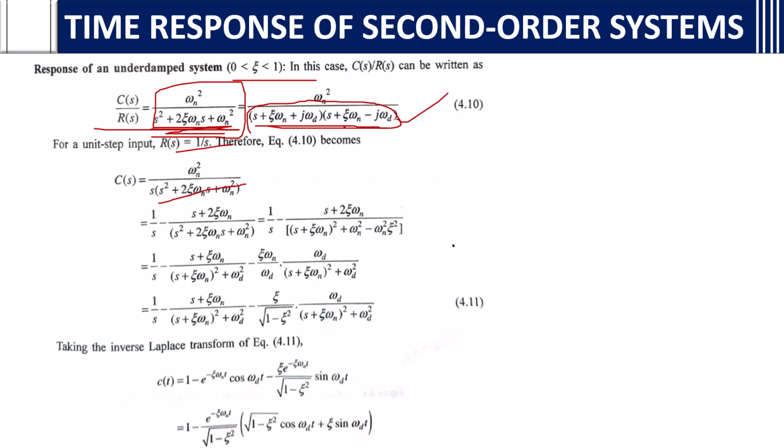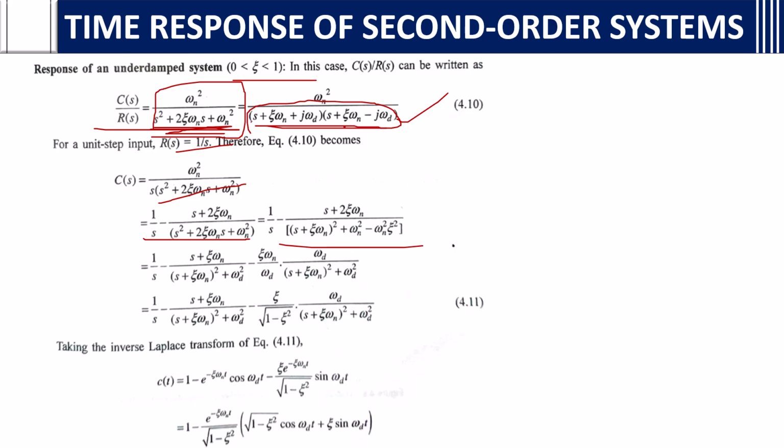Again, if you take partial fractions, same as we did for first order systems, you will get 1 by s minus s plus zeta omega n, over s plus zeta omega n whole square plus omega d square, minus omega n by omega d.